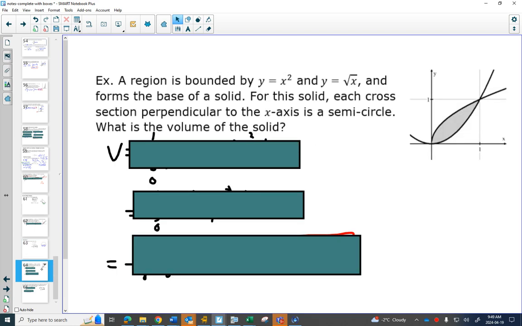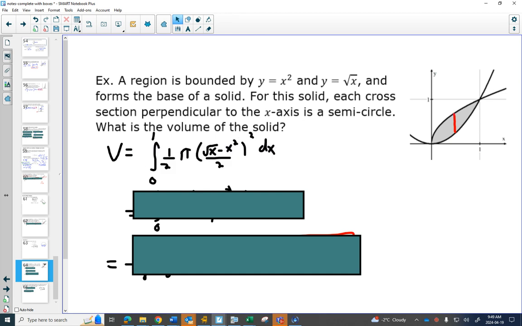So again, perpendicular to the x-axis, draw our cross section. This time it's a semicircle. So we would have the square root of x minus x squared as the length of that red line. You would have to cut that in half. So I'm going to draw a green dot on there, and I'm going to take that little slice and cut it out for you.